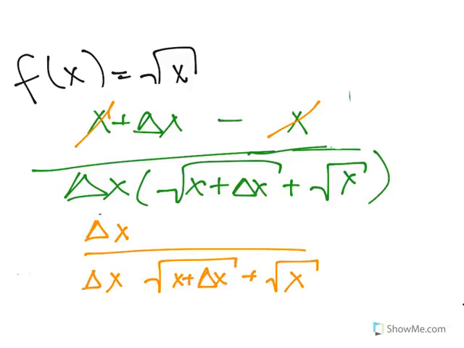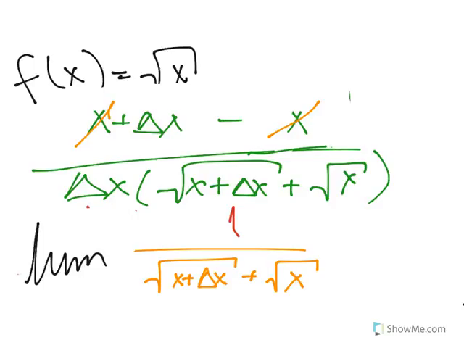However, delta x and delta x cancel out, and you're left with 1 over the square root of x plus delta x plus the square root of x. But now we want to find the limit, that we always do, as delta x approaches 0.